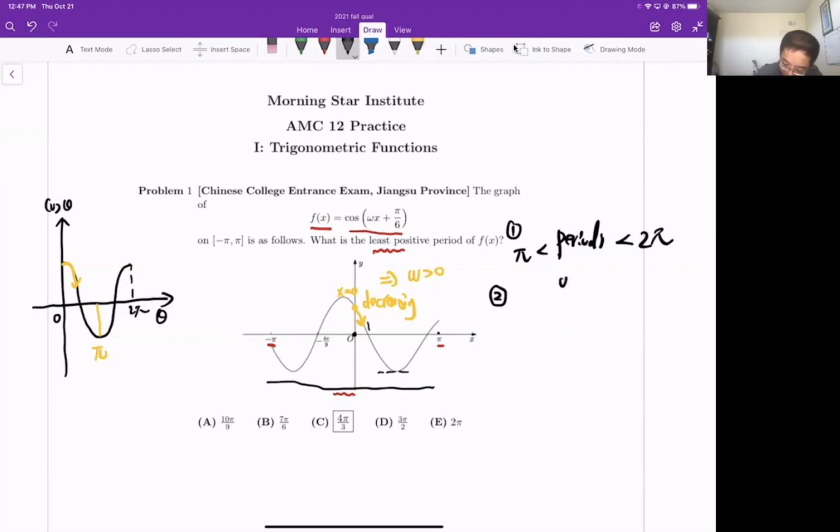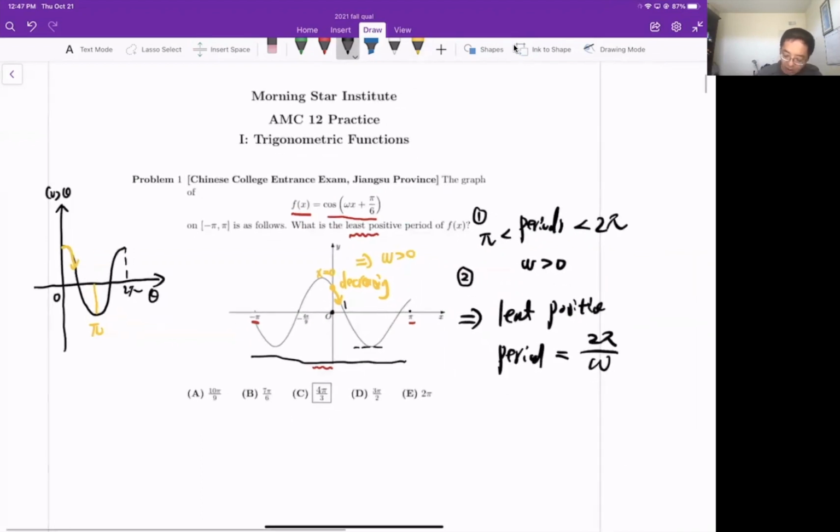So the second piece of information is omega is positive, and from here we know the least positive period equals 2π over omega.